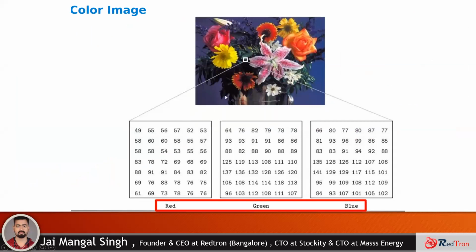Because 99% of the time we only deal with 8-bit color, with the exception of satellite images, which may contain 16-bit color. But for general purposes, whether it is cinematic, augmented reality, virtual reality, image, video, photography, whatever, we use only 8-bit color.